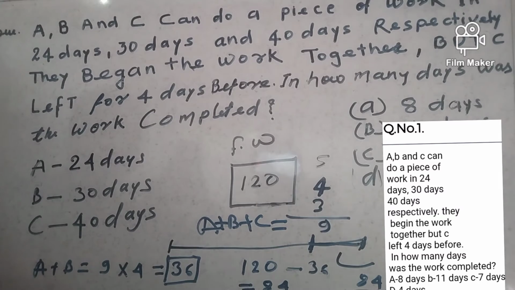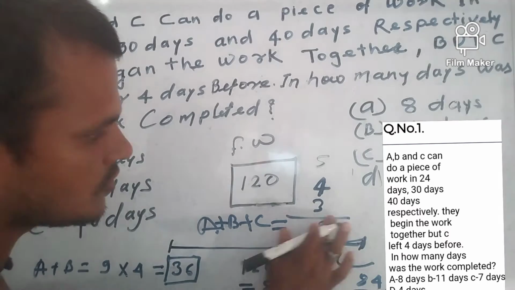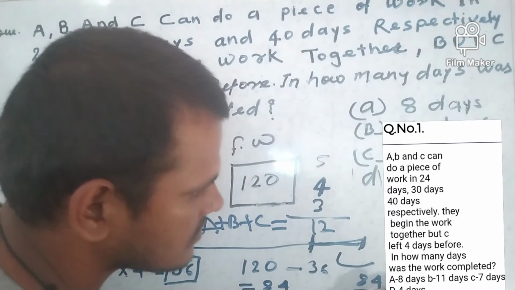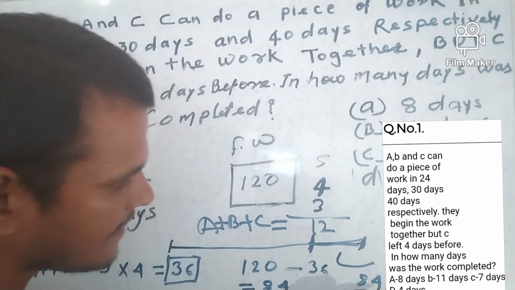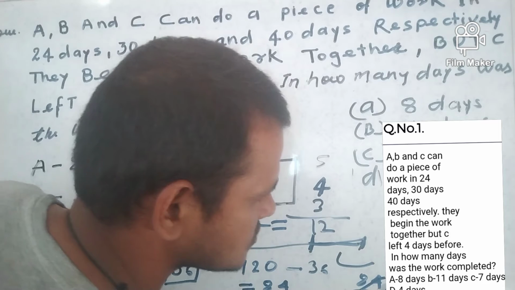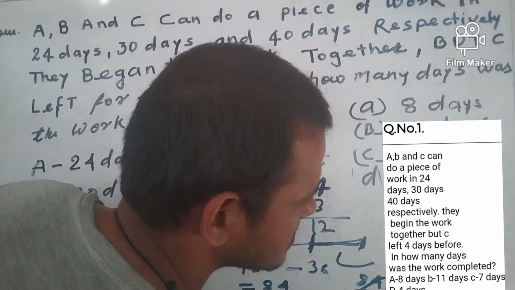So I think 12 work, so 12 times 7 is 84. So they will complete it in 7 days.